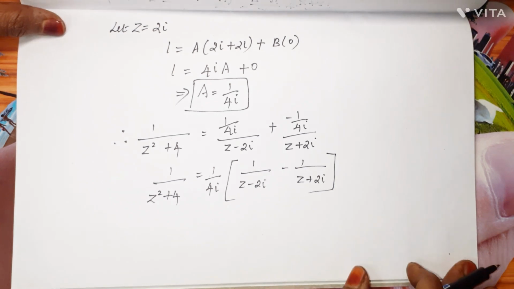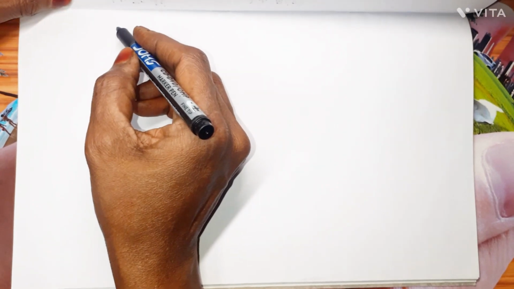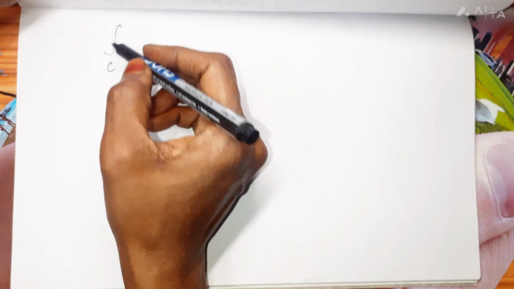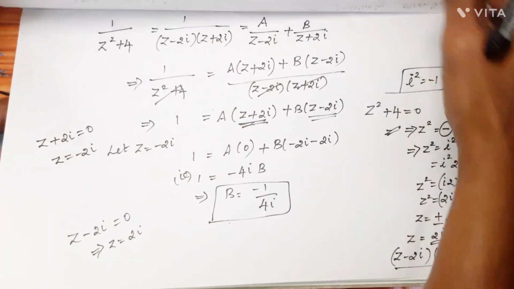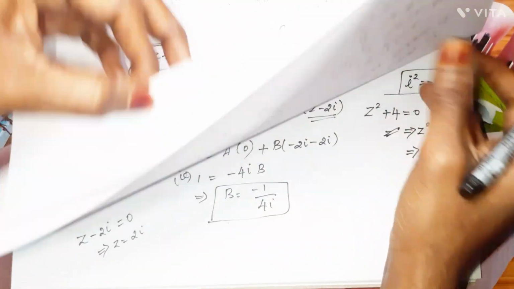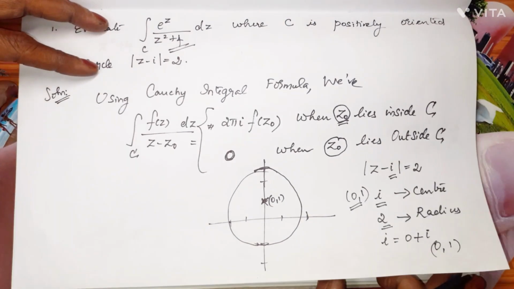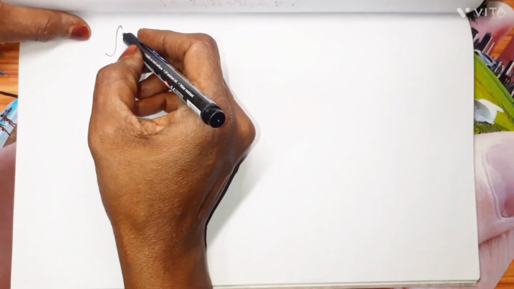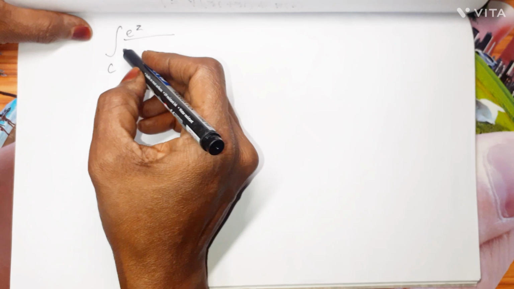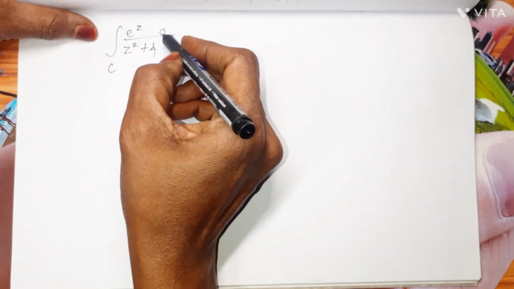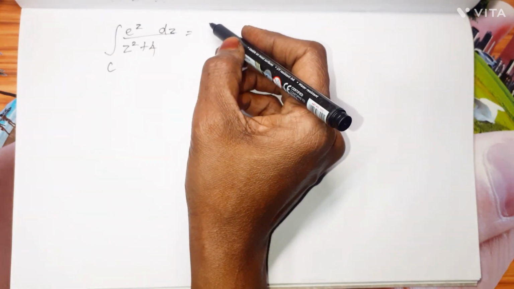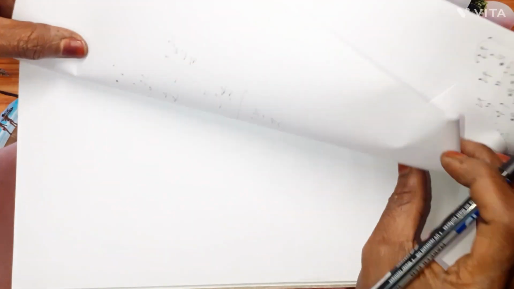Now we are going to apply Cauchy integral formula. So the problem given here is, we have to find the integral of e power z by z square plus 4 dz. Which is equal to, we have split that into two integrations.